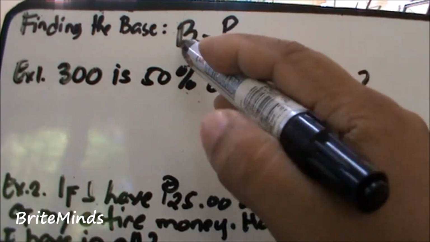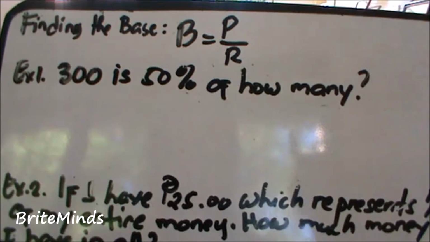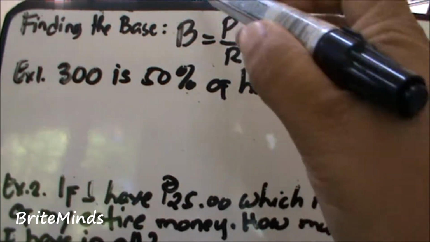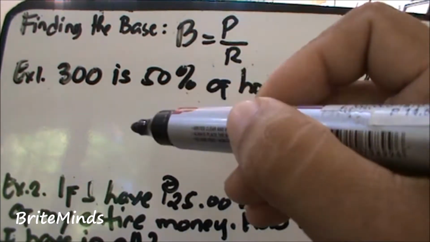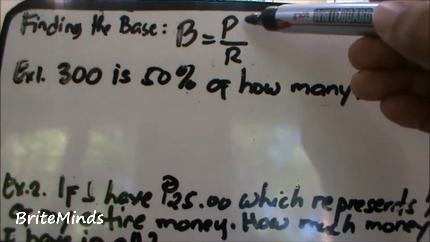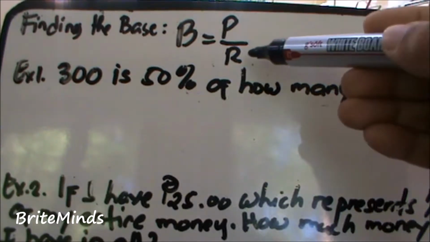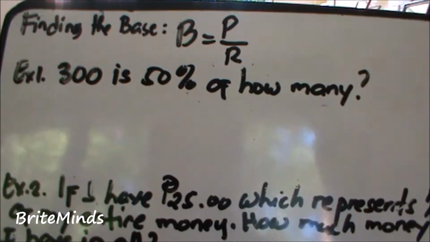So B is the base, P is the percentage, and R is the rate. So we want to get the whole, or the 100%. Simply divide the given percentage by the corresponding percent or fraction.